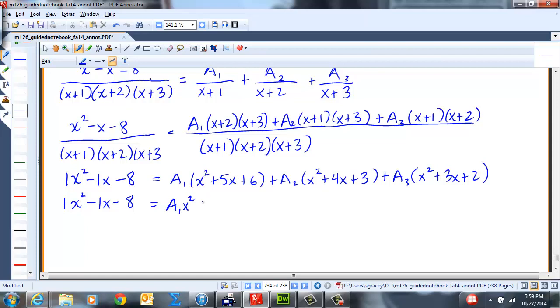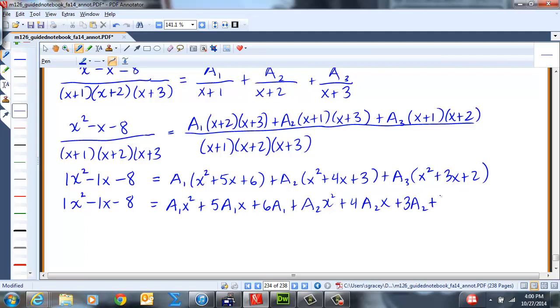So we have 1x squared minus 1x minus 8 is equal to a1 times x squared plus 5 times a1 times x plus 6 times a1. And then we'll have plus a2 times x squared. That's sloppy. Here we go. And then plus 4 times a2 times x plus 3 times a2.